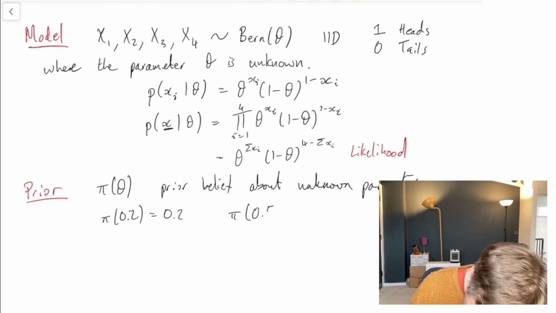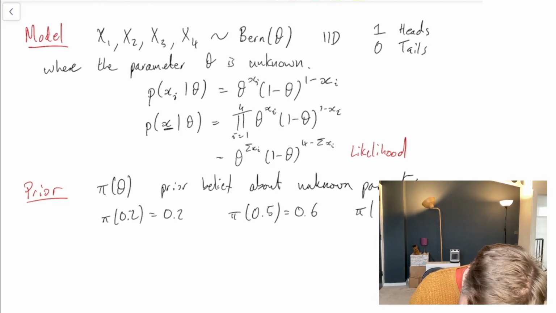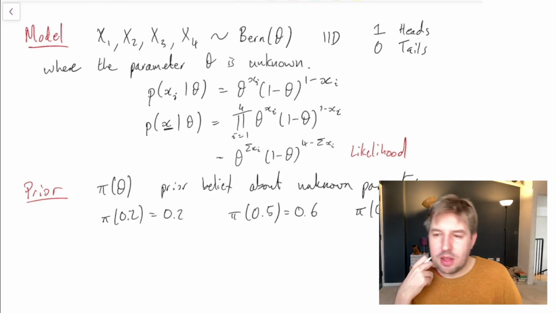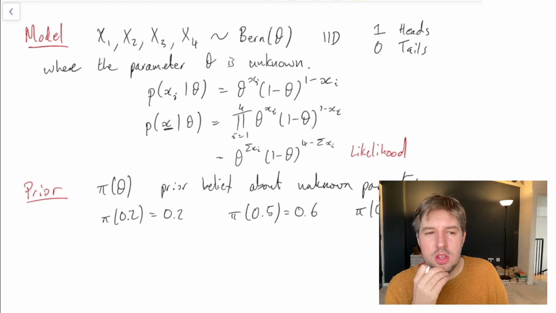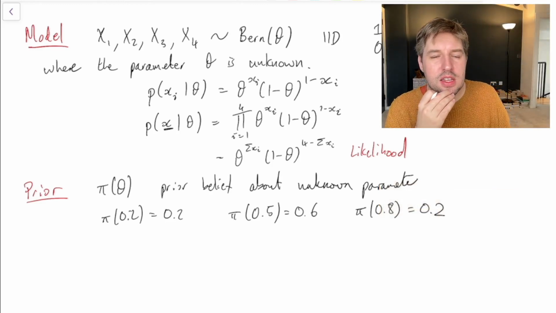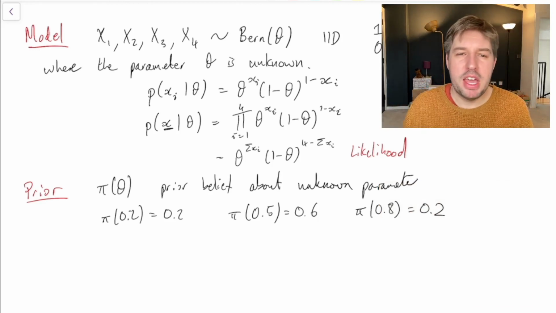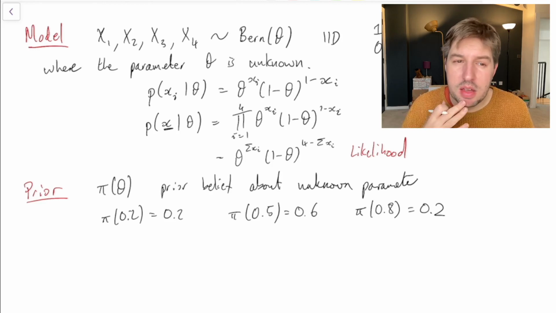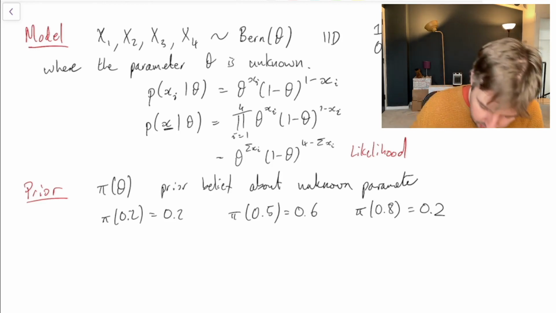We thought it was most likely to be 0.5 because I said that my coin looked pretty normal to me, but I was still entertaining the possibility that it was one of the fake ones from the joke shop. So that was the prior belief we had: pi of 0.2, pi of 0.5, and pi of 0.8, and we thought that pi of theta was 0 otherwise.